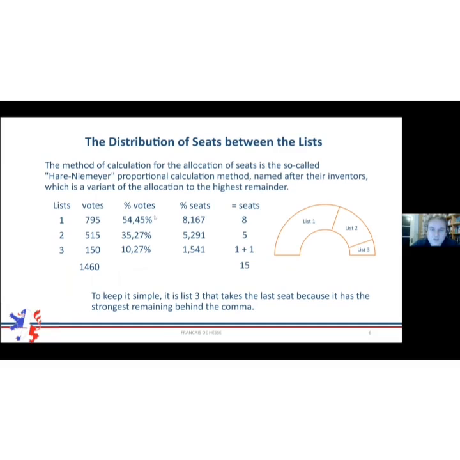And since we have 15 positions, or 15 seats, this corresponds to 8.167 seats, 5.291, and 1.5. And in fact, they give entire numbers to each list, and the one with the biggest remainder gets the additional seat. So at the end, you have the 15 seats. So to keep it simple, if list 3 takes the last seat, that's because they are the strongest remaining after the comma.